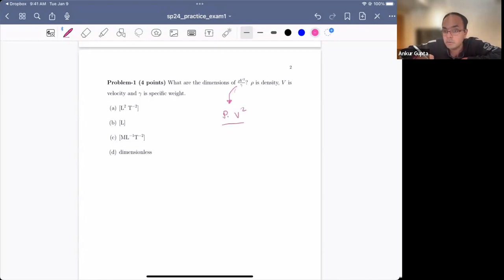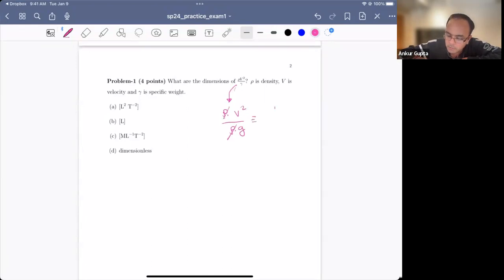We know gamma is rho times g, which is specific weight, and you don't have to use this if you don't want to, but this is v square by g. So from here, we get meter per second whole square over meter per second square. This is meter square per second square by meter per second square. So this cancels out, so we get meters.